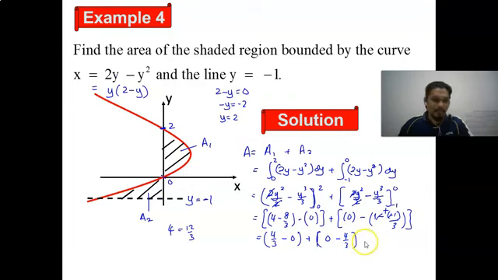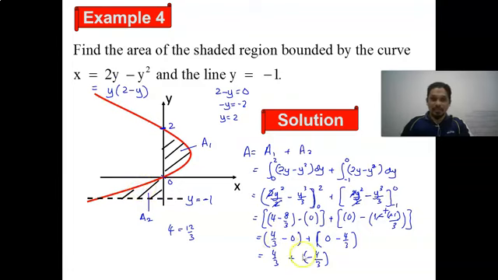Okay, so class, this is 4/3 plus negative 4/3. Now, why did we get negative 4/3? Please remember that the area on the right side of the y-axis is positive, and the area on the left side of the y-axis comes out negative.